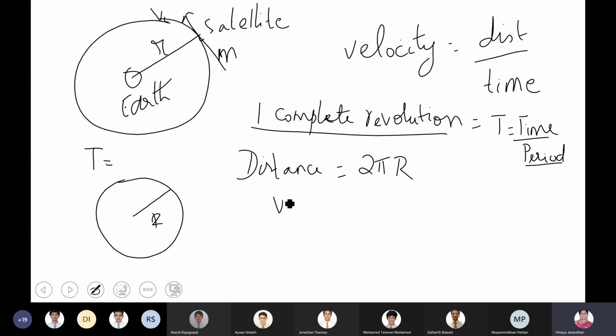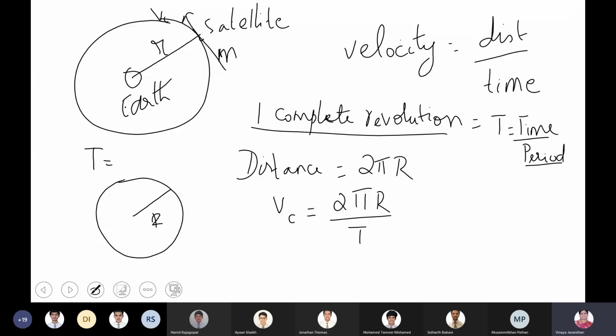So velocity vc will be equal to 2 pi r divided by t. Please copy down, boys, because I haven't derived an expression for the time period. So just write the subheading, time period of the satellite.